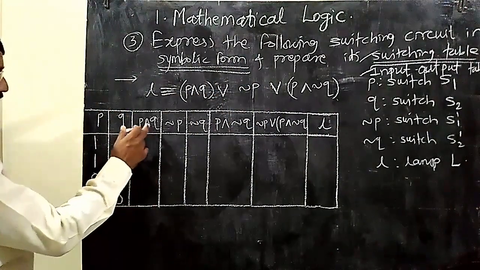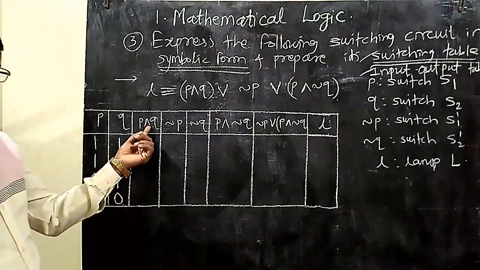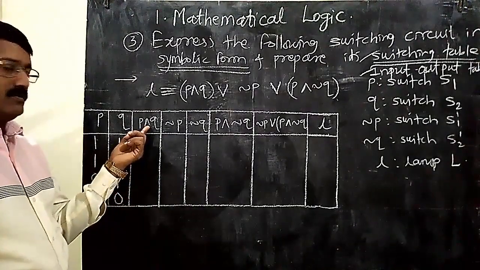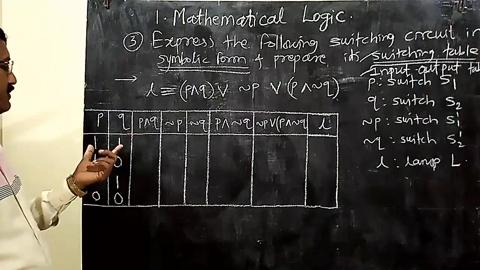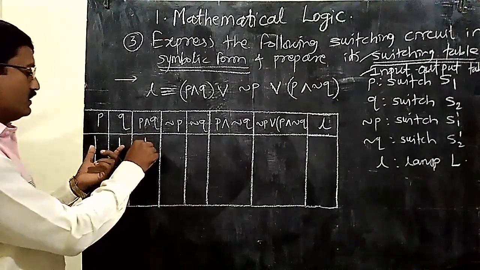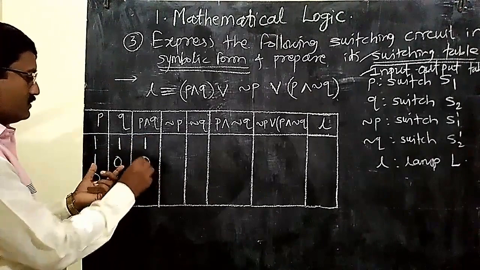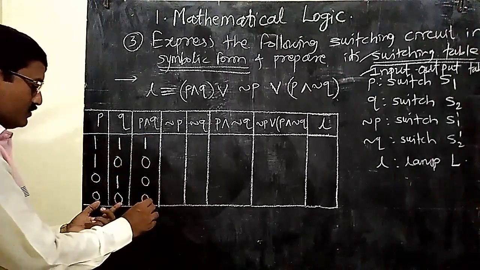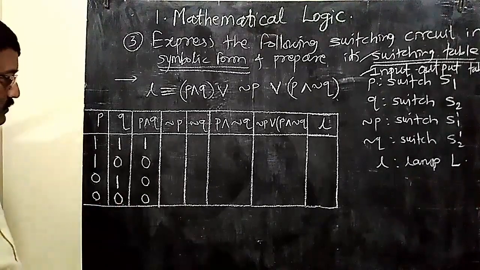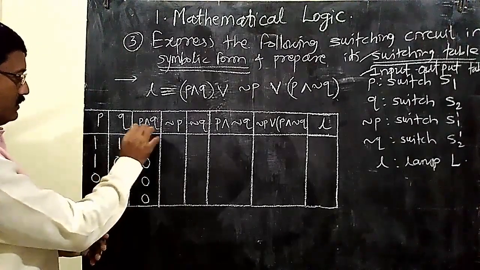For P and Q, in conjunction, which mathematical operation will we consider here? Multiplication. Here multiplication of 1 into 1 is 1, 1 into 0 is 0, 0 into 1 is 0, 0 into 0 is 0. So this is just for remembrance.